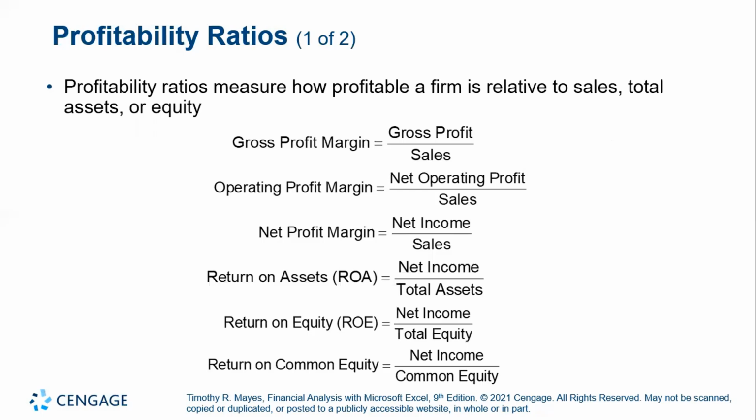Net profit margin is net income divided by sales. Return on assets is net income divided by total assets. Return on equity is net income divided by total equity. Return on common equity is net income divided by common equity.